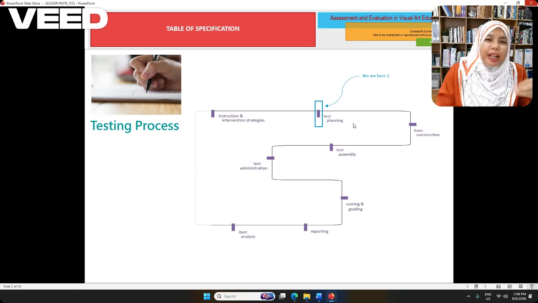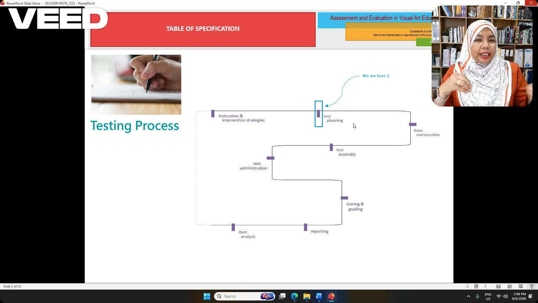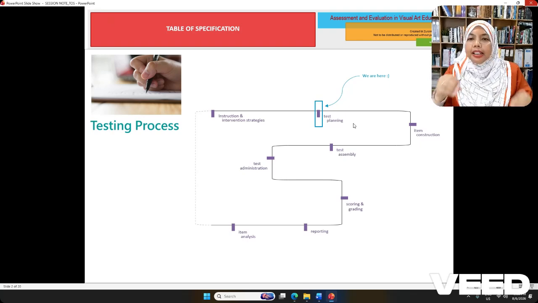Because of this complexity, it is better if we structure this process by filling up a table so that we know exactly which items are mapped to which learning standard and so on. Okay, so we will be filling up this table just in a moment.